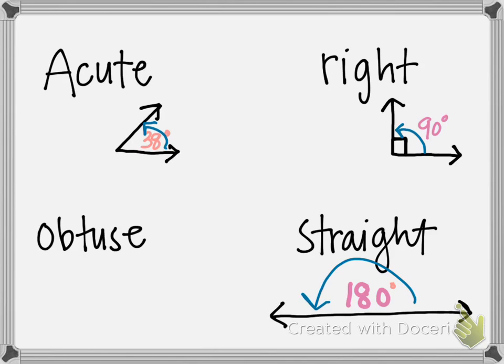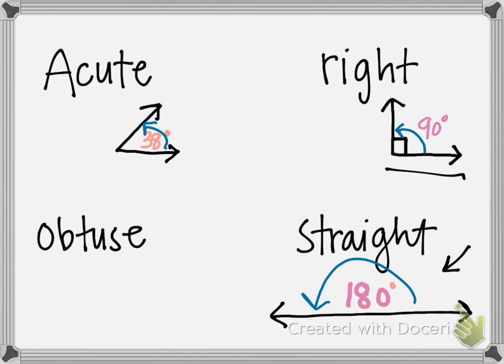Now, the last one we have to draw is an obtuse angle. So we have a right angle, which is exactly 90 degrees. We have an acute angle, which is smaller than 90 degrees. And now, let's draw an obtuse angle, which is bigger than 90 degrees, but less than 180. So here's 90 degrees and here's the 180.